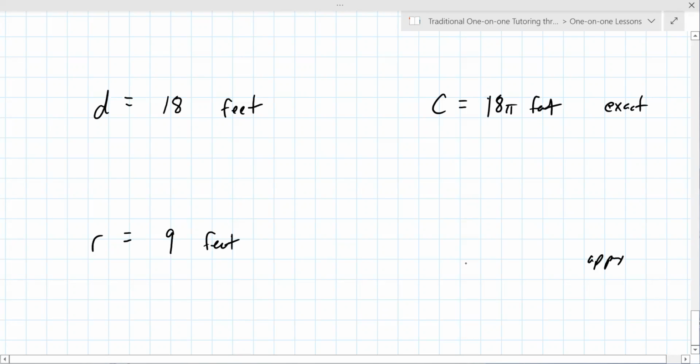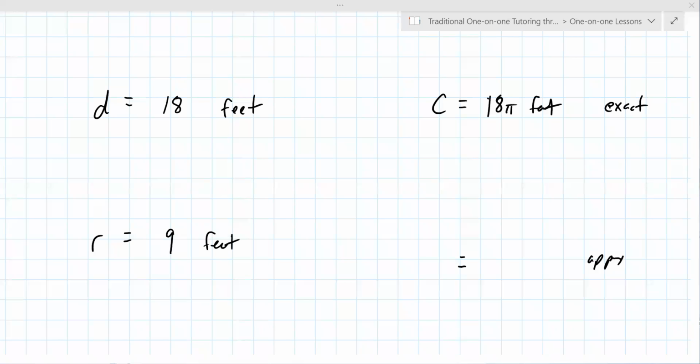And then multiply by 3.14. 56.52. Is that your final answer? Yep. It's incomplete.